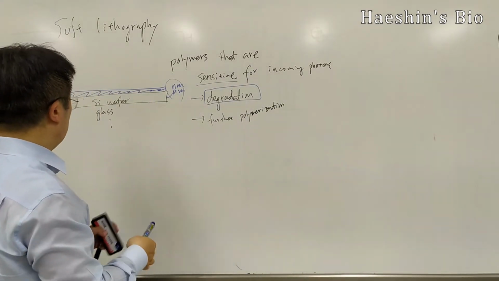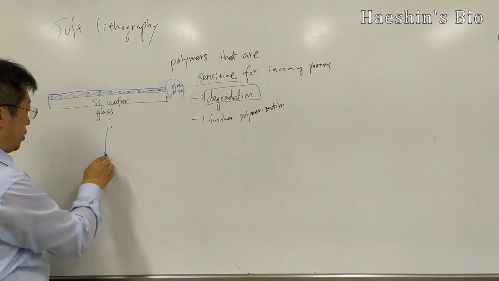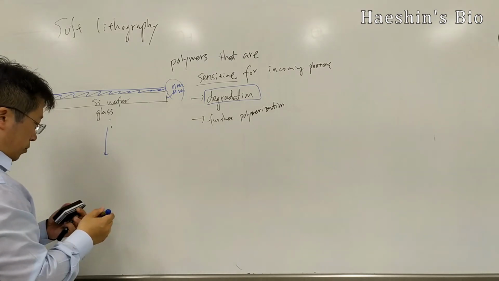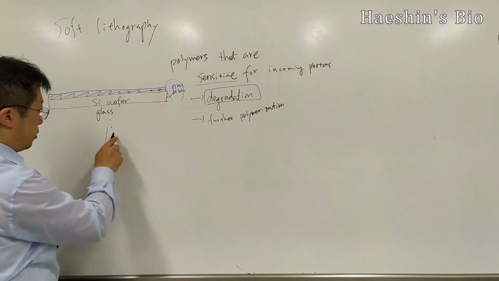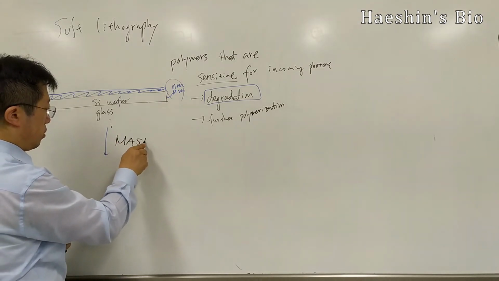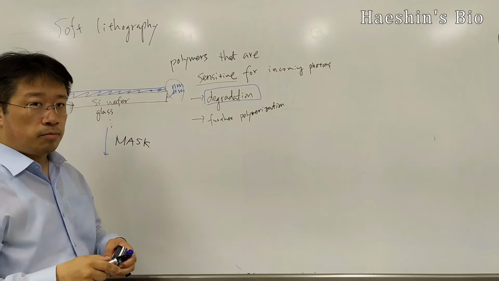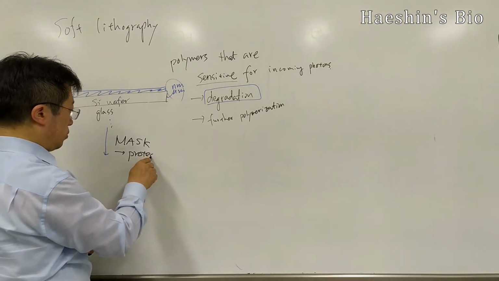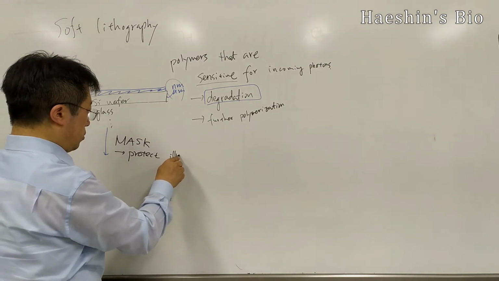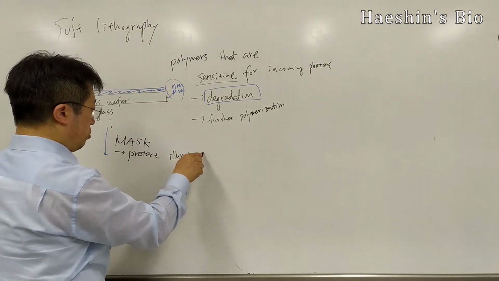And then the next step is if you have some mask. The mask is a real mask. The mask means that you protect from the illumination.